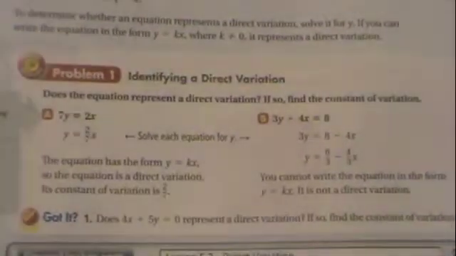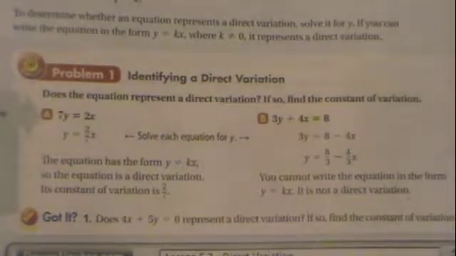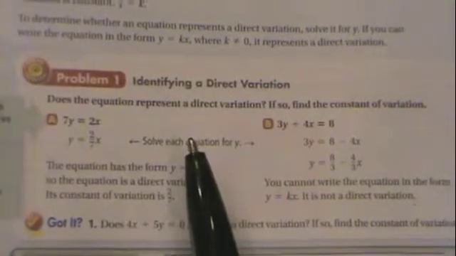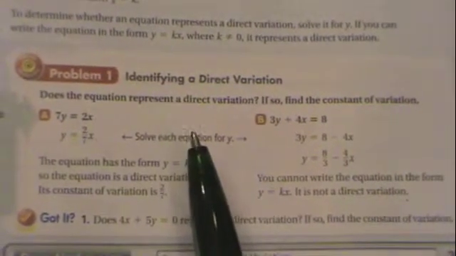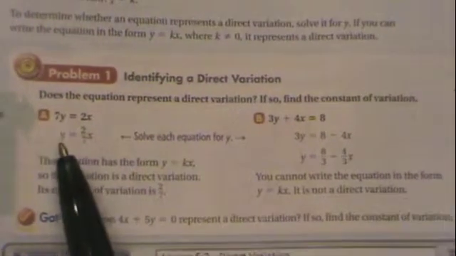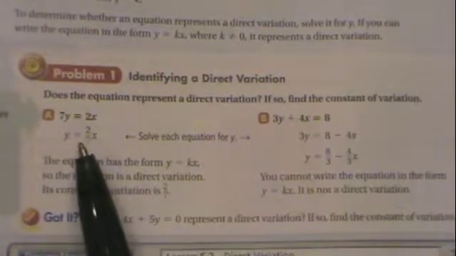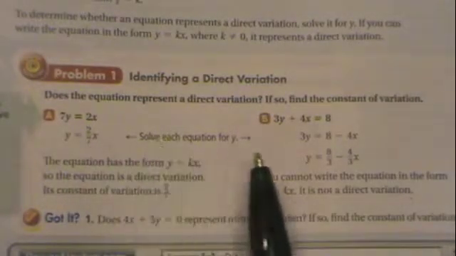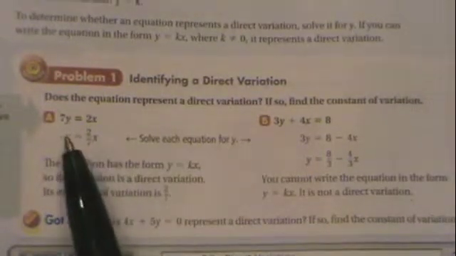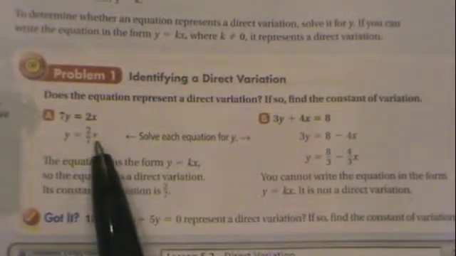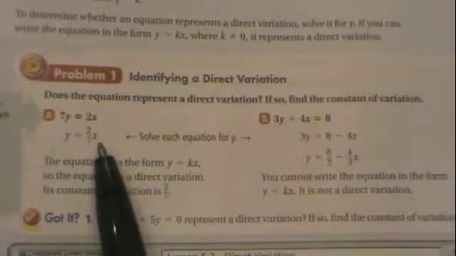So now you have an example of a few types of direct variation, and you have your formula for a direct variation, but now how do you figure out if something can fit in that formula? Well, you have to solve for y. Nasty flashbacks for some of you from an earlier lesson. Here are a couple of examples. Letter A, you have y equals something times x.